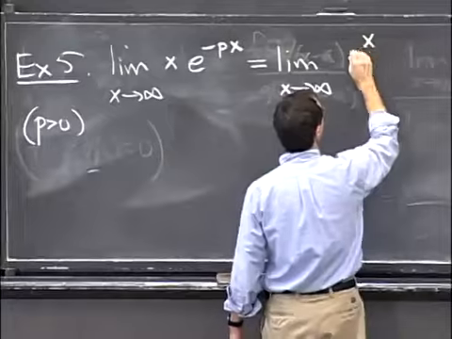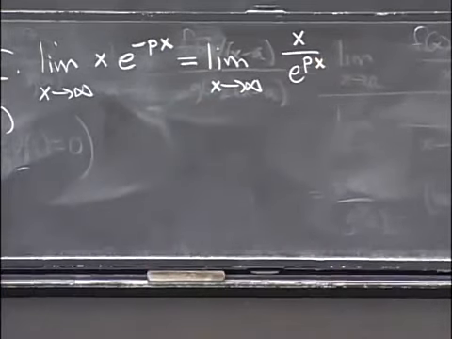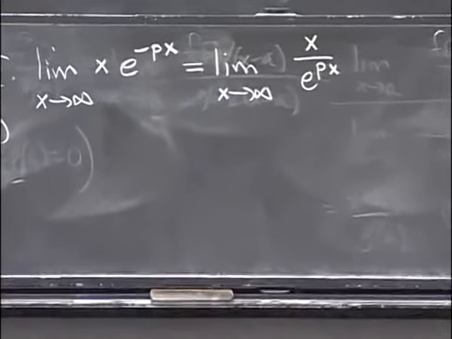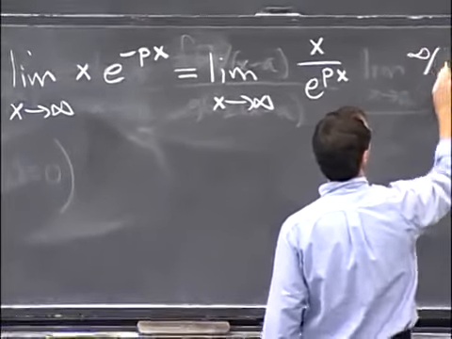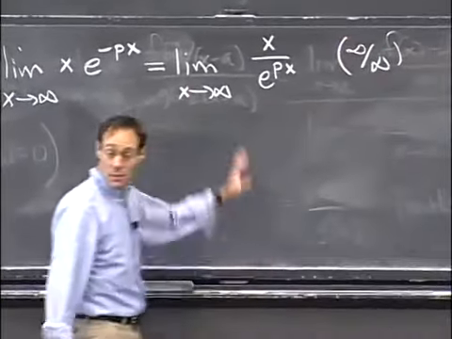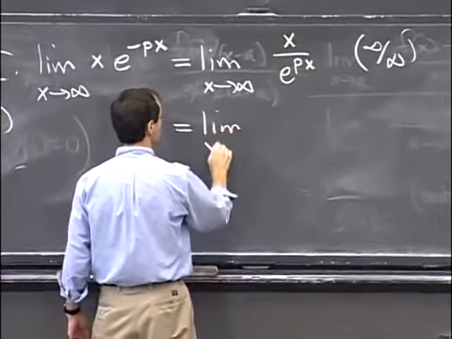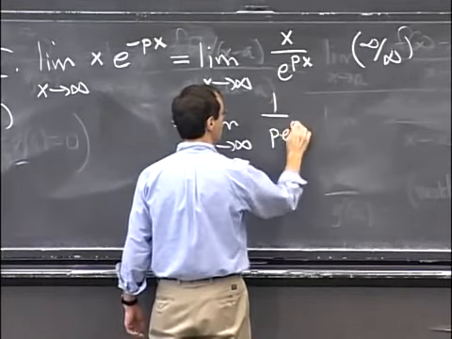And I'm going to write it as x divided by e to the px. And now it's of this form infinity over infinity. So we're okay with that. And now that's the same as the limit as x goes to infinity of 1 divided by p e to the px.